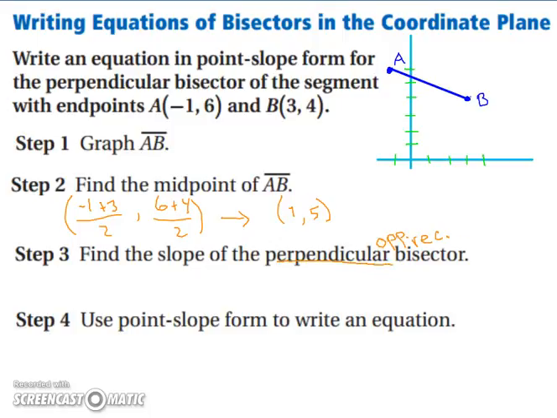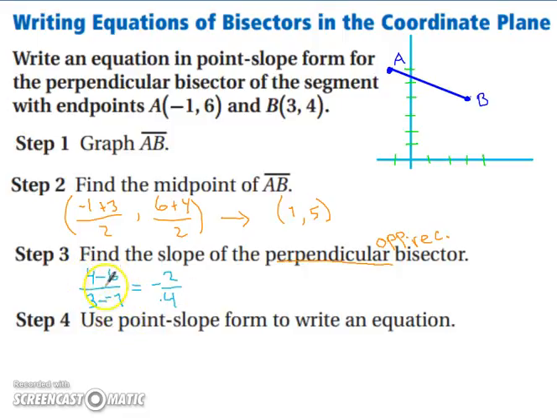Okay, so let's find the slope of AB. So we have the change in y over the change in x, which gives us -2 over, hold up, sorry about that, I accidentally flipped the 3 and the 1 around.